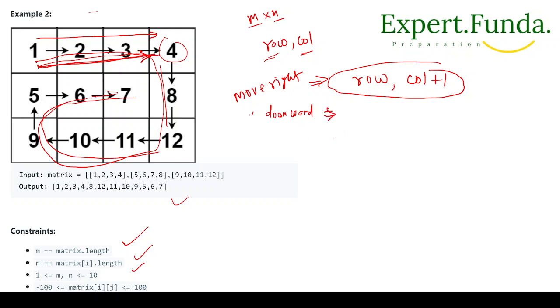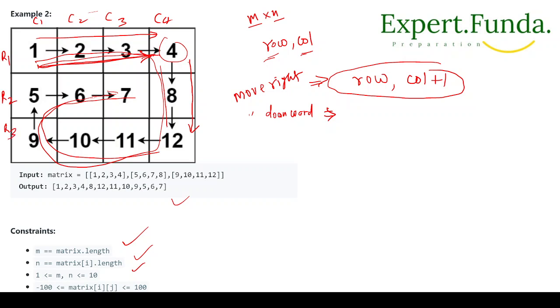To move downward, what do we have to do? If we are going down, the column will remain the same, because this is the same column. Let's suppose these are C1, C2, C3, C4, and this is R1, R2, R3.